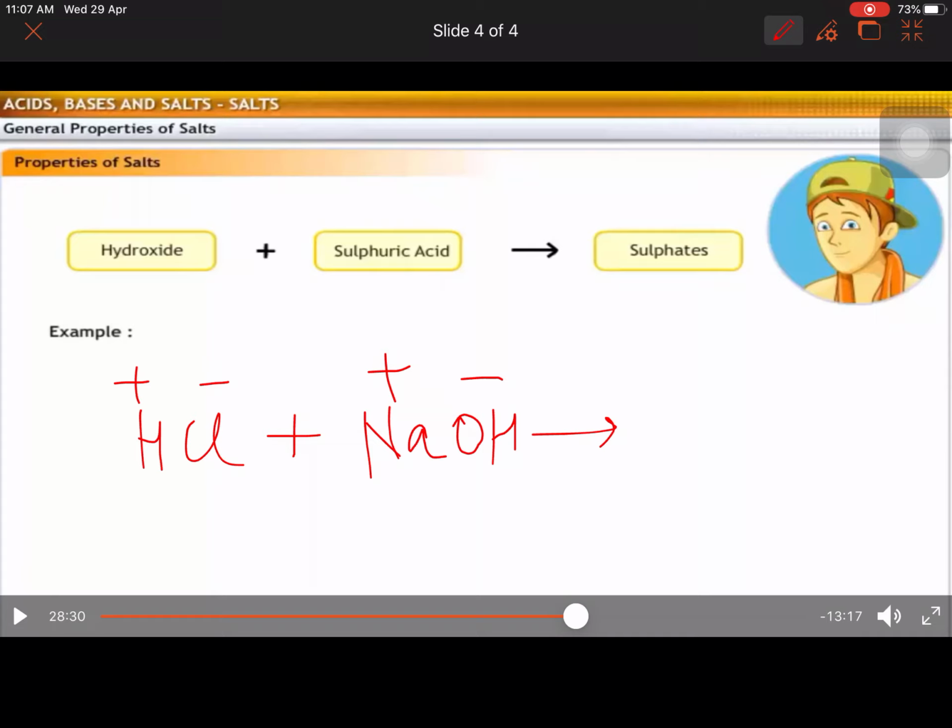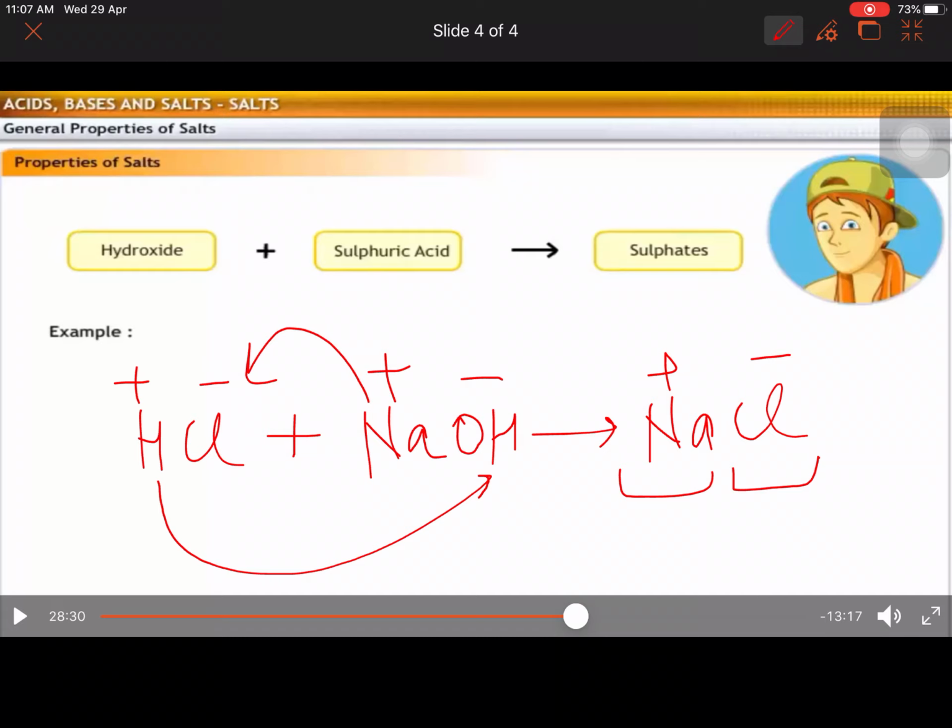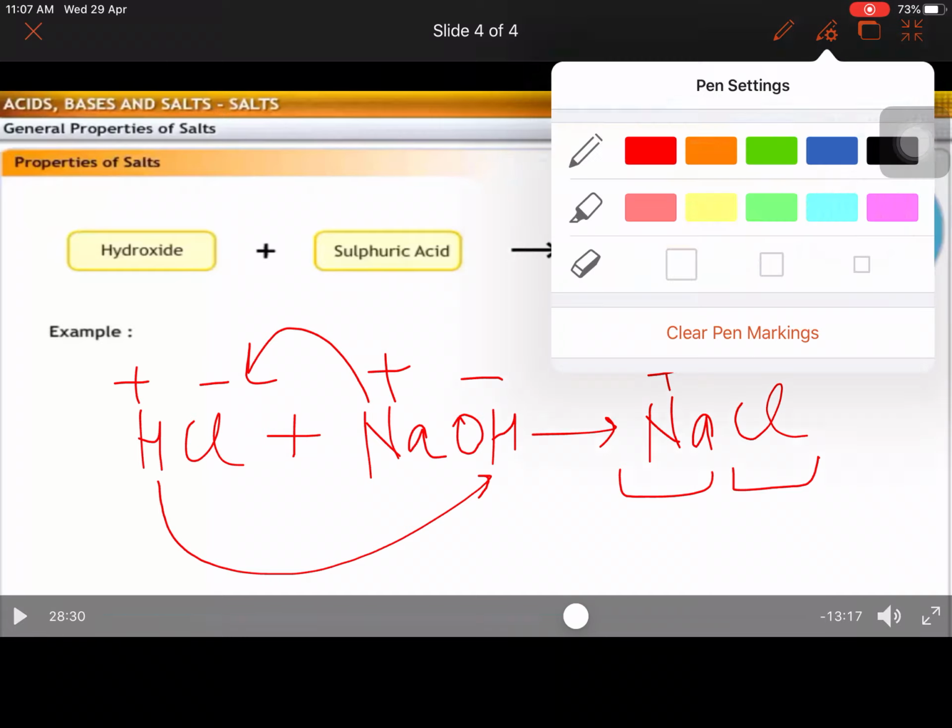H plus, Cl minus, and this gives NaCl. The plus and minus interact and interchange: plus goes with this minus, and this plus goes with this minus. So what is formed? Na plus Cl minus, now sodium chloride. So whatever is the acid, the salt is given the name according to the acid used, right? According to the acid used.